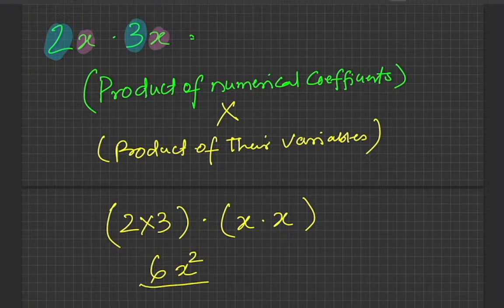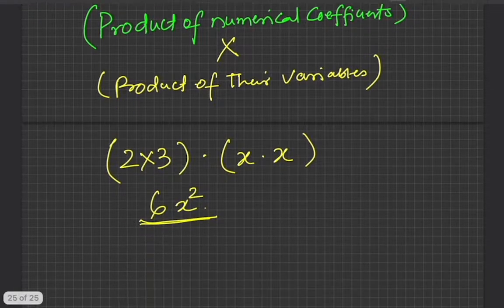So this is the product of the two monomials. When we multiply 2x times 3x, the result is 6x squared. Got it?